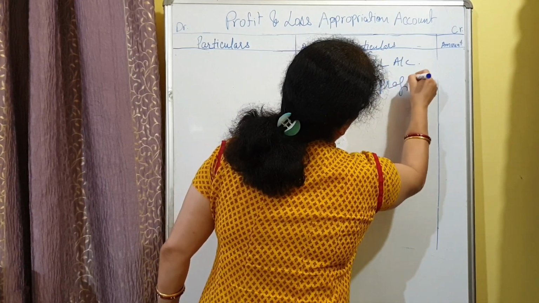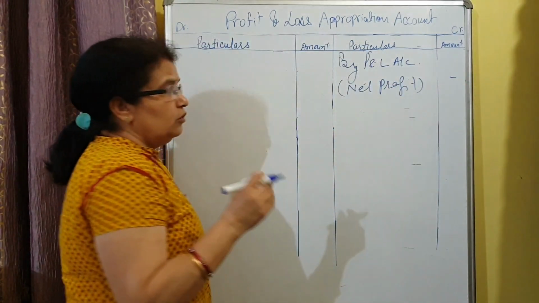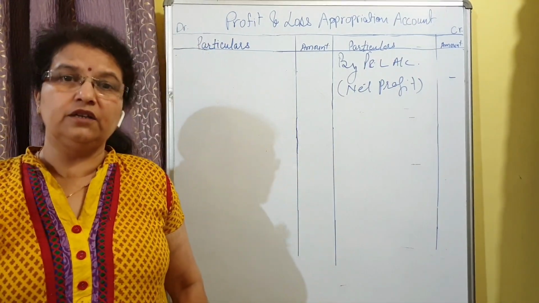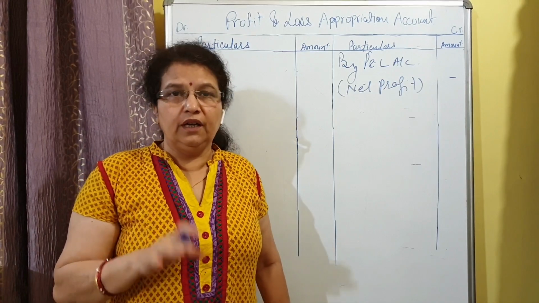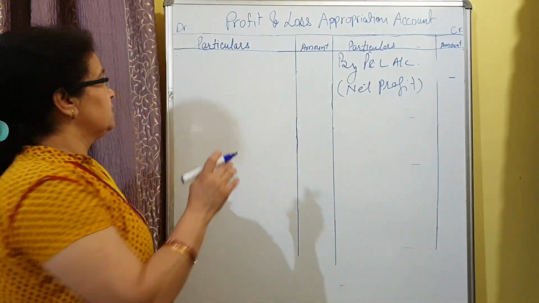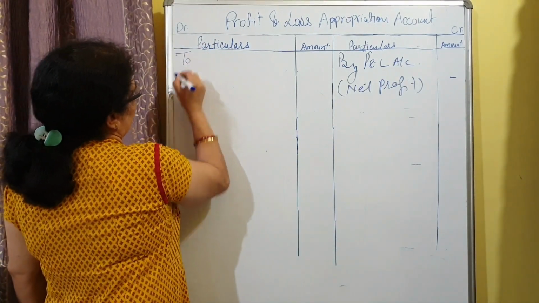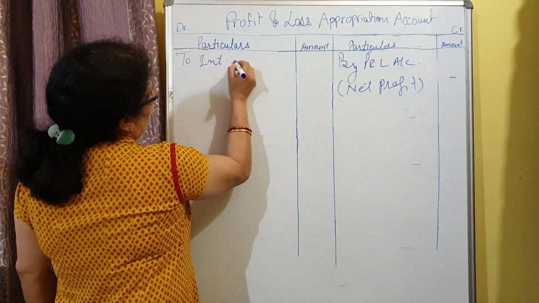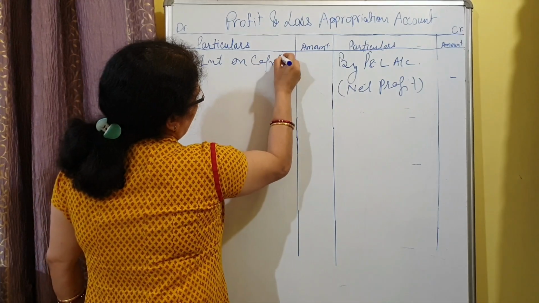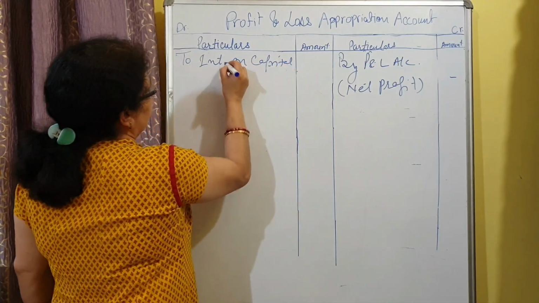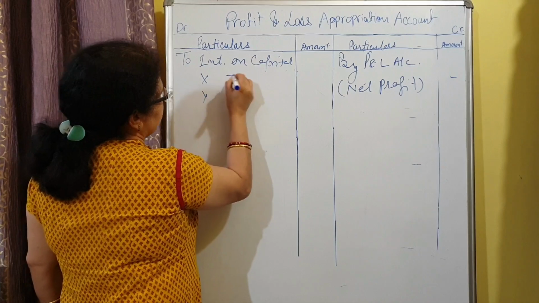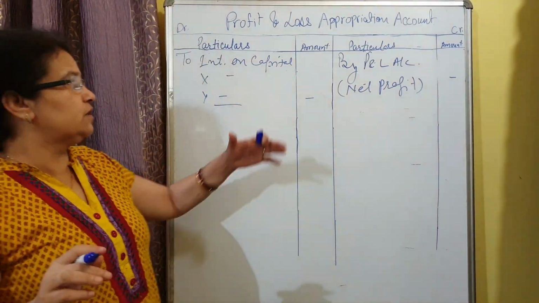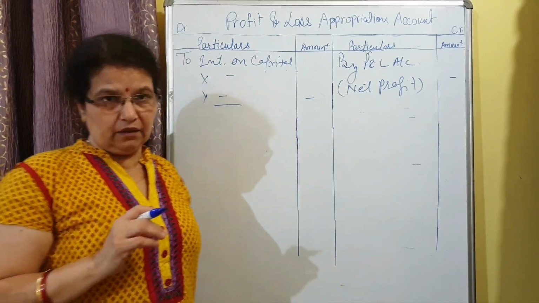After it, we have to write the amounts which the partners are entitled to receive. If partners are entitled to interest on capital, then to interest on capital, the names of the partners, and the total of interest on capital which is given by the firm to the partners.